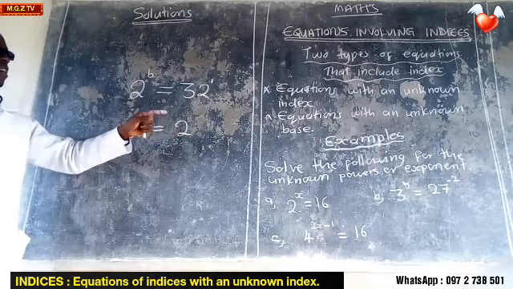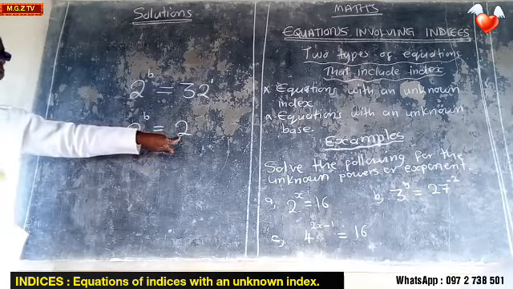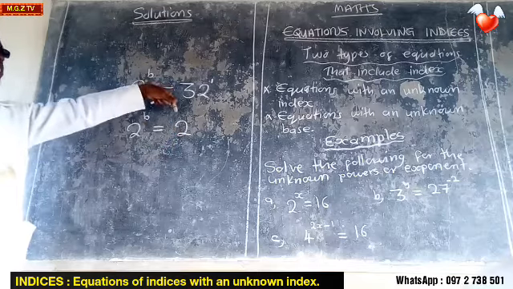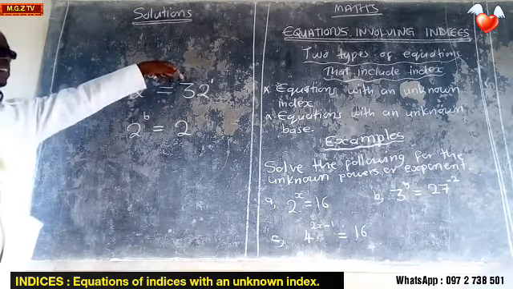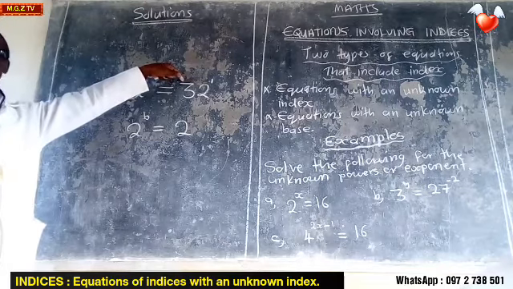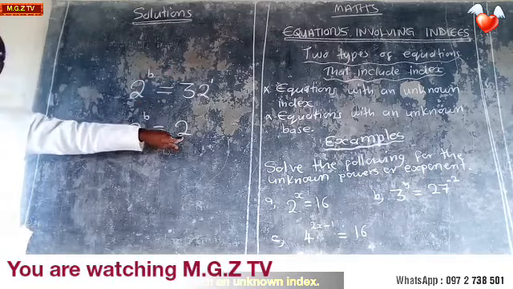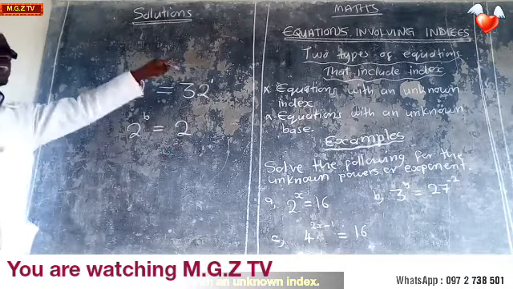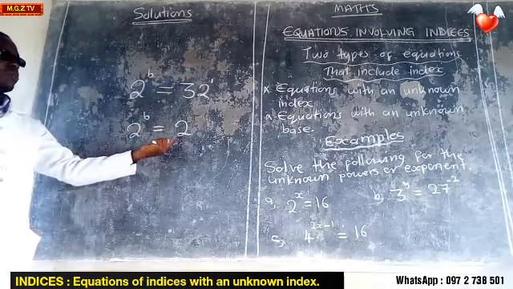Then you calculate this number as many times as you can to get 32 altogether. In short, just calculate 2 times 2 times 2 until you get 32. So how many times can you multiply 2 to get 32?